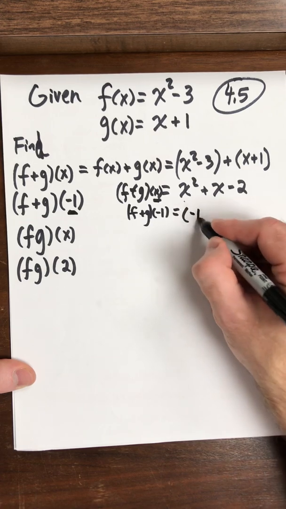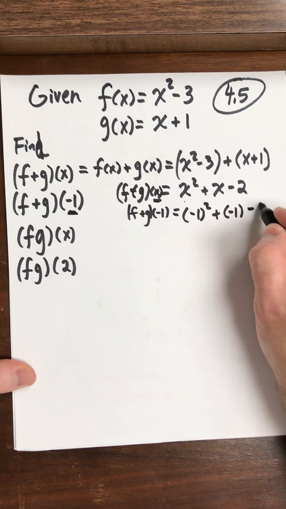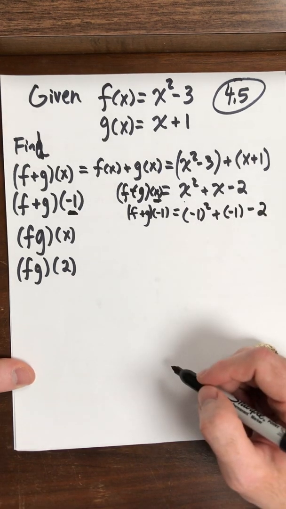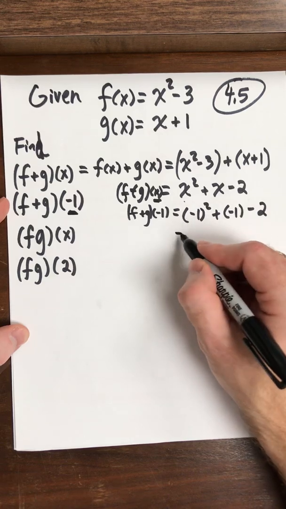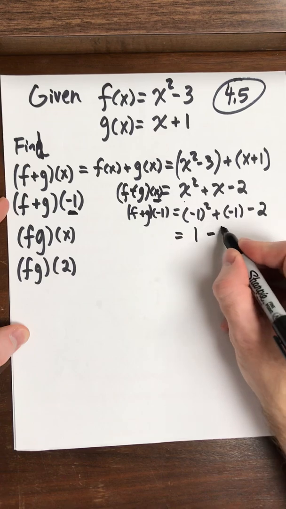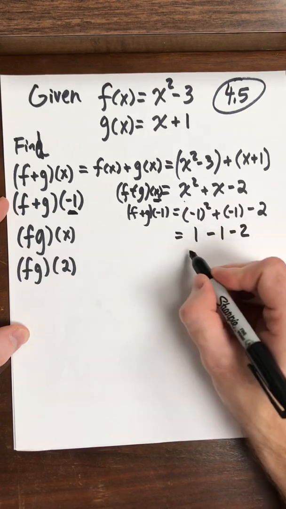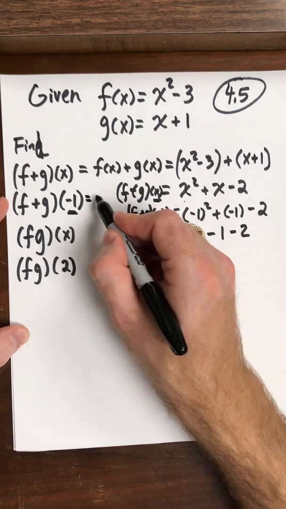It's (negative 1) squared plus (negative 1) minus 2. Don't forget those parentheses. It's really going to help you out, okay? So what is this going to be? Negative 1 squared, that's 1, and then minus 1 minus 2. So what's this give me? It gets me negative 2. So my answer here is negative 2.